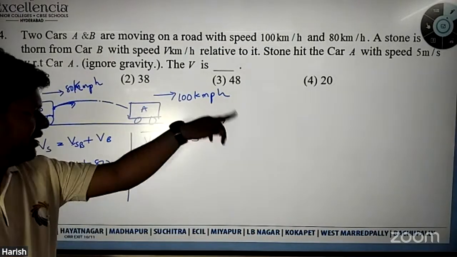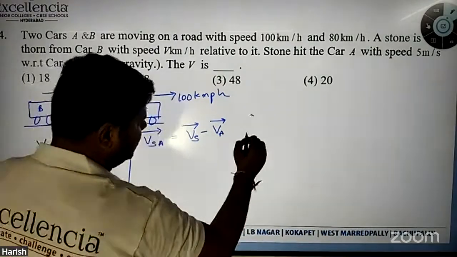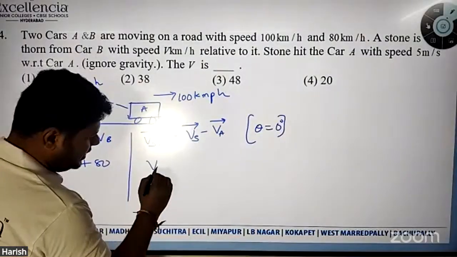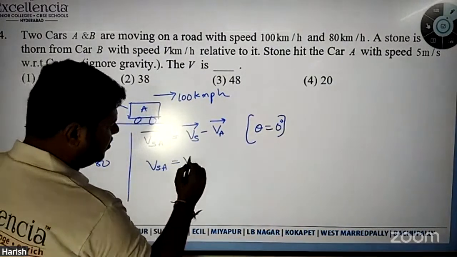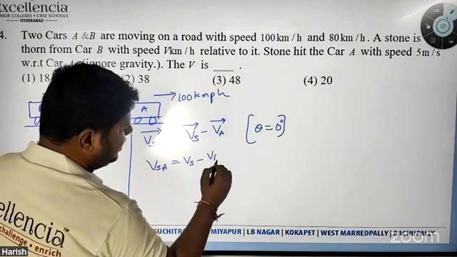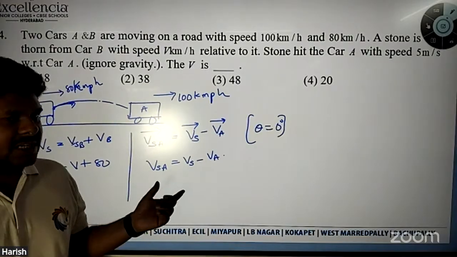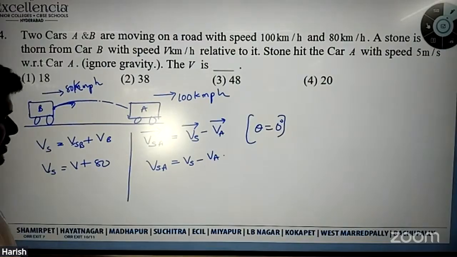As Vs bar and Va bar are in the same direction, theta will be 0. Therefore, I can write Vsa, the speed of the stone with respect to A, will be directly Vs minus Va. Correct? Okay. So the speed of the stone with respect to A is given as 5 meters per second.